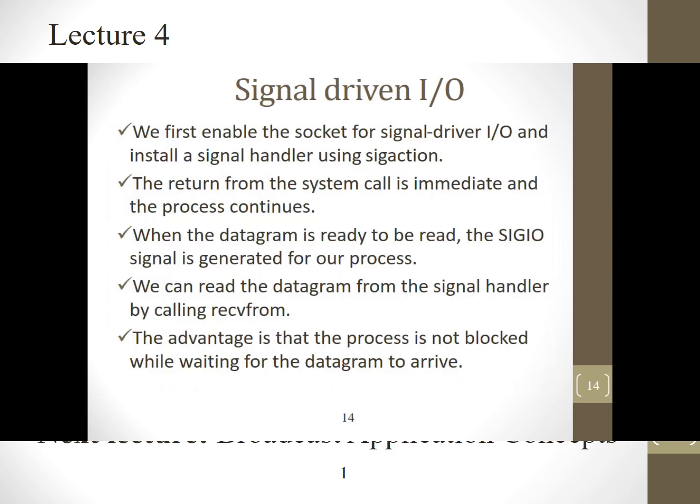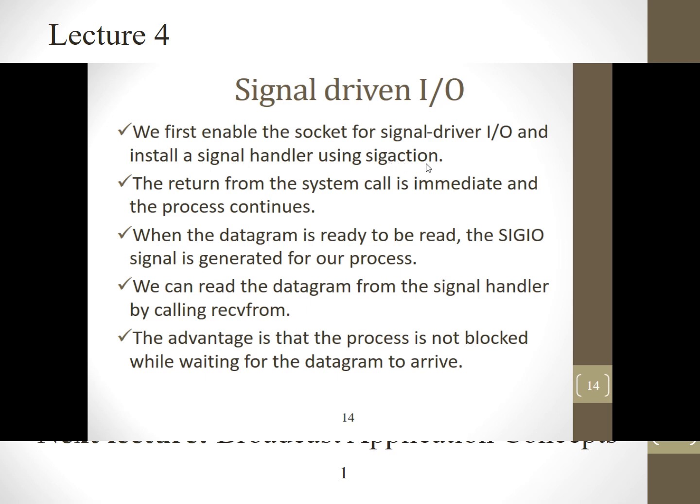The next I/O model is the signal-driven I/O model. In this model, we first enable the socket for signal-driven input/output. How do we do that? In order to enable the socket for signal-driven I/O, we install a signal handler using the sigaction system call.